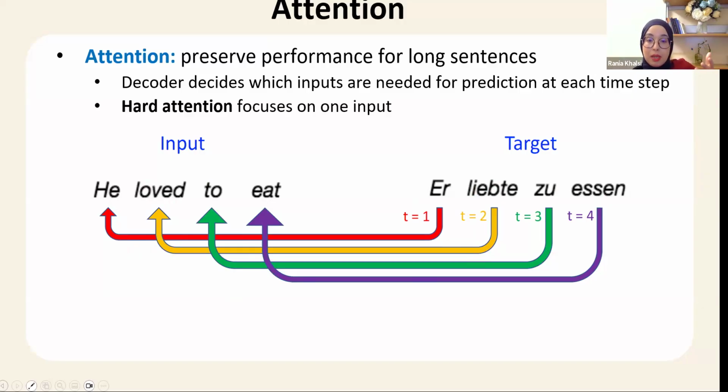This is mainly the idea. You can follow this behavior by looking at the orientation of the arrows in this diagram, going from the target to the input. So this is classical attention.